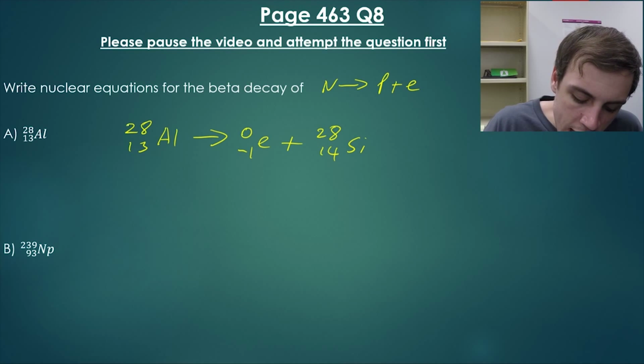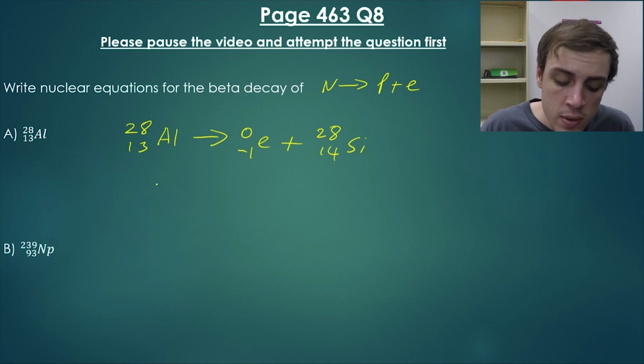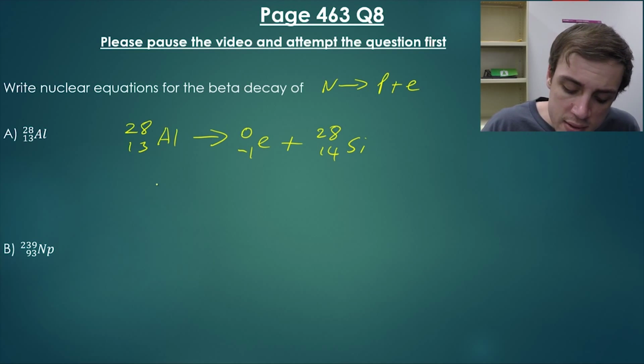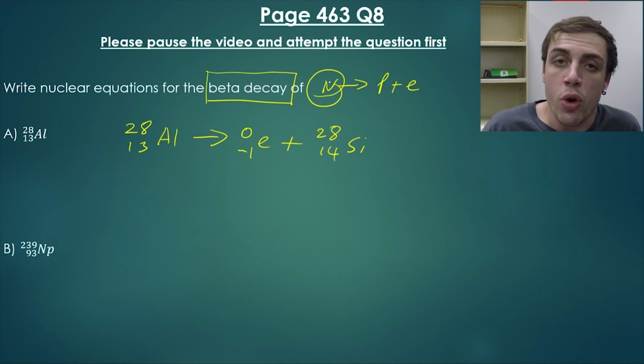And again, these still add up: 0 plus 28 is equal to 28, and 14 minus 1 equals 13. So it's still just your normal maths, but the biggest thing is to remember that beta decay is the breaking down of a neutron.